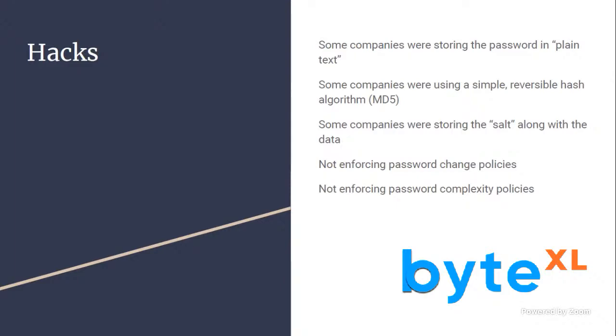And some companies were storing the salt along with the data. That is the salt method, a very simple way. I'm not going in depth to explain the salt method for the hacking process, though it is an easy method that could easily be used to perform hacking.